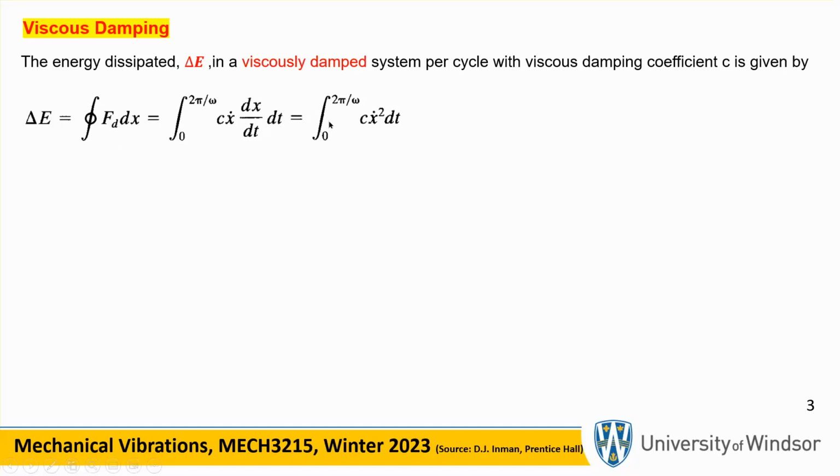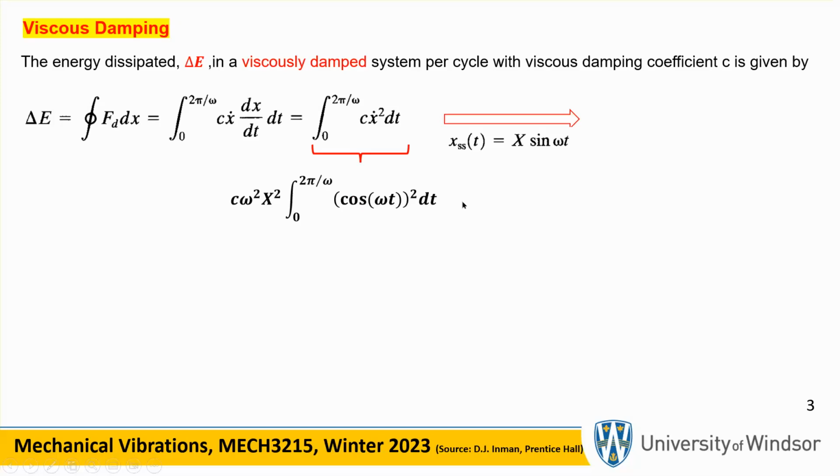So basically, we have the integral over one period of c x dot squared, because it's x dot times x dot is x dot squared, dt. Now, we are assuming that this mass moves in a sinusoidal, harmonic manner, with a frequency omega. That's what I initially said, okay?